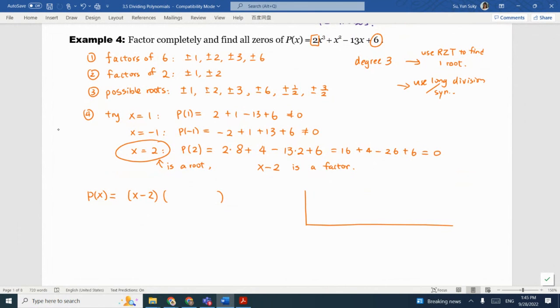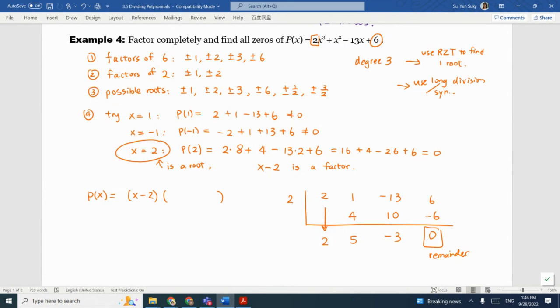So synthetic division. The root is 2. What are the coefficients of the polynomial? 2, 1, negative 13, 6. Move it down. 2. 2 times 2, 4. Add them. 5. 5 times 2, 10. Add them. Negative 3. Multiply by 2. Negative 6. Add them. 0. Do you see the remainder is 0?